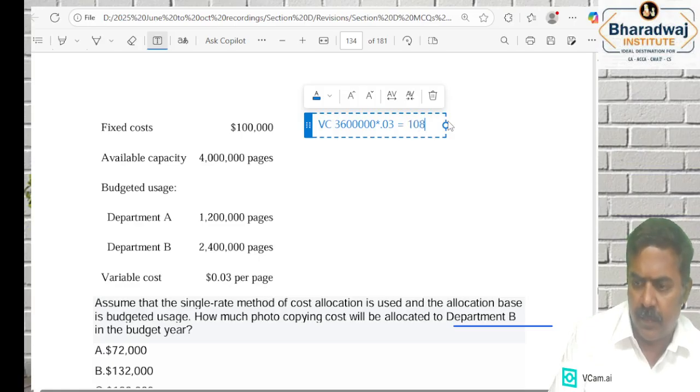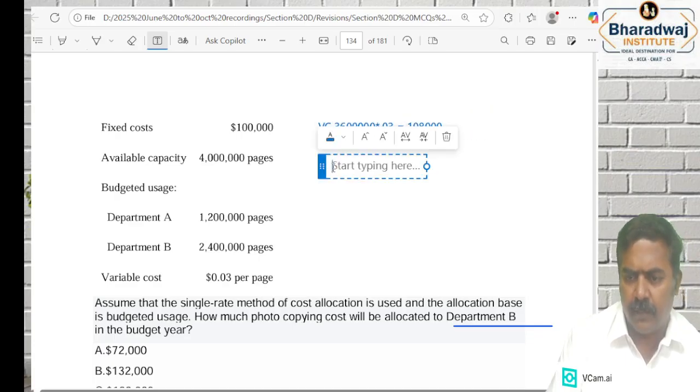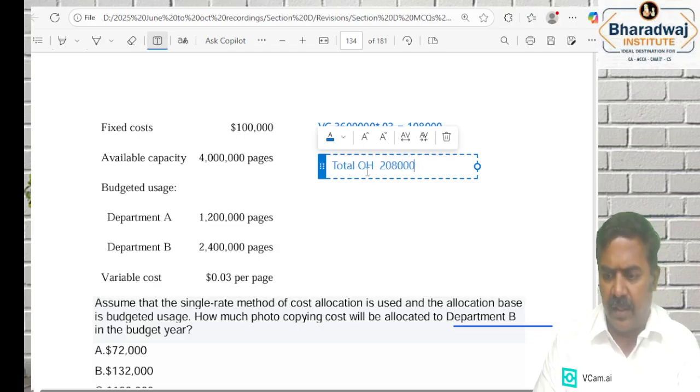1,08,000. So if you add up, total overheads will be 1 lakh plus 1 lakh 8,000, 2 lakh 8,000.